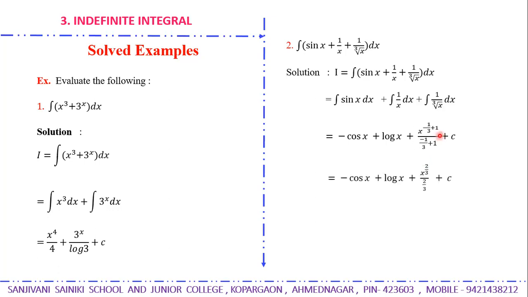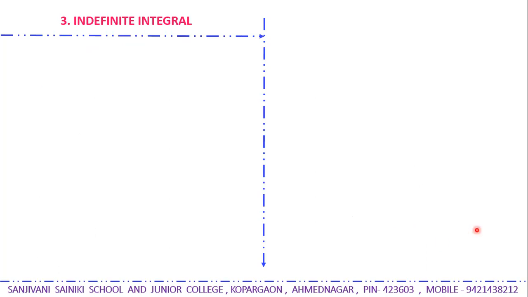Then simplify this. Minus 1 upon 3 plus 1 is 2 upon 3. So x raised to 2 upon 3, upon 2 upon 3. Again simplifying, you get I is equal to minus cos x plus log of x plus 3 by 2 x raised to 2 by 3 plus c. This is the integral of the given function.